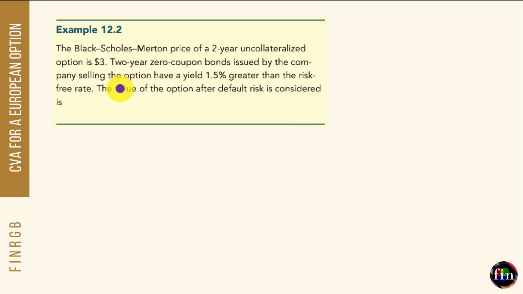Okay? The task at hand is to find the value of this option after duly taking into account the default risk of this company from whom we have purchased this option. So, the value of my option after taking default risk into account, let it be denoted by V risky.